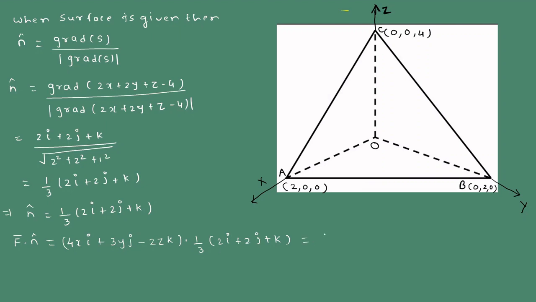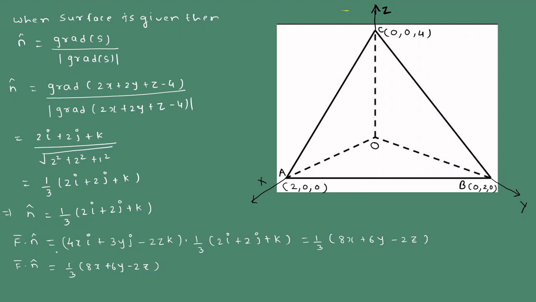Correct? So this is equal to 1 by 3, 2 into 4 is 8, 8x plus 6y minus 2z. So this is our f bar dot n cap, 1 by 3 (8x plus 6y minus 2z). Now we have found f bar dot n cap.